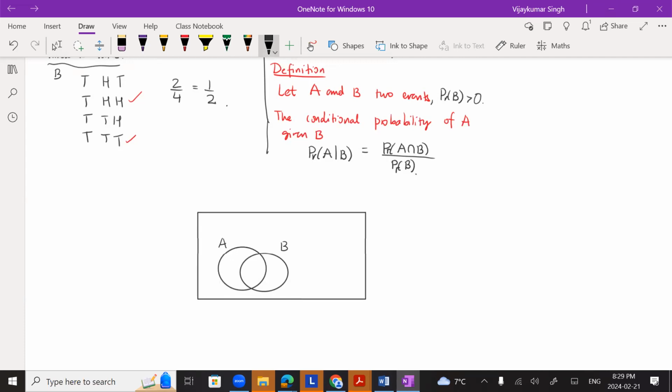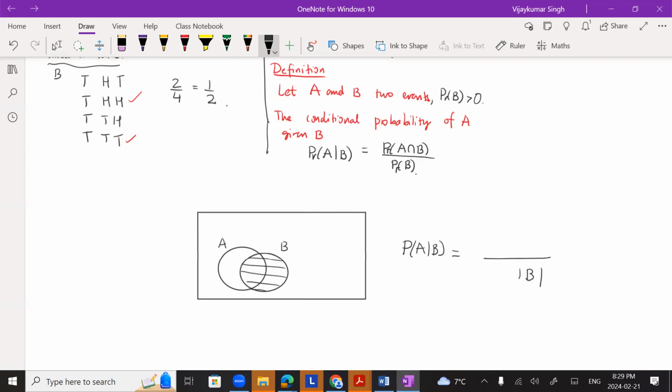That means my B is the one with the certainty. So I'm in the case where B is now my sample space, because everything in B has happened. So B is my new sample space. Does it make sense to you? So I'm going to look at the size of B, because that is my new sample space, all the possible outcomes. And then I'm asking what is the probability of A happening given that B has happened.